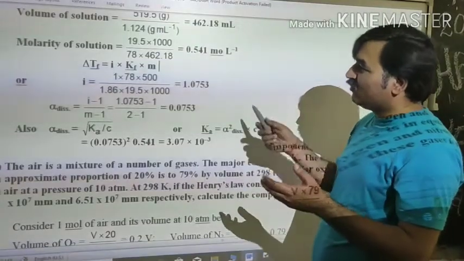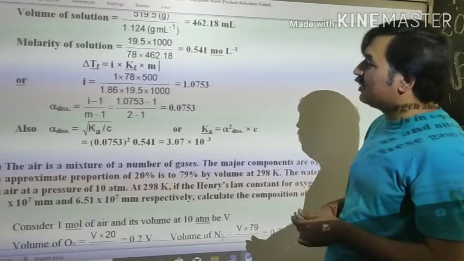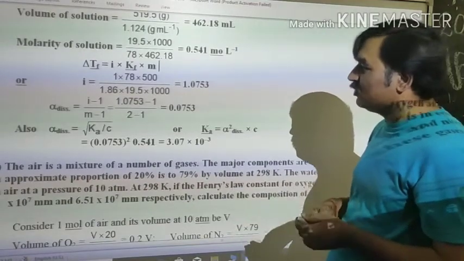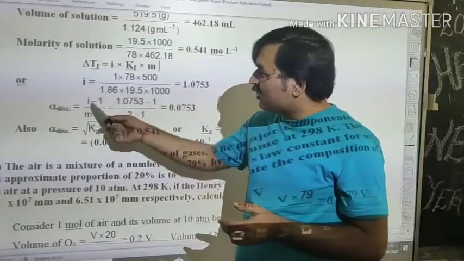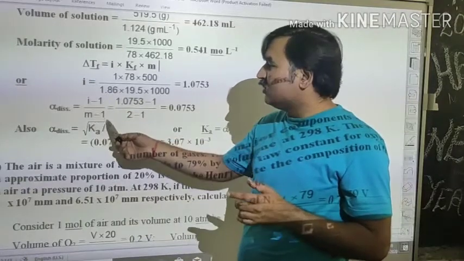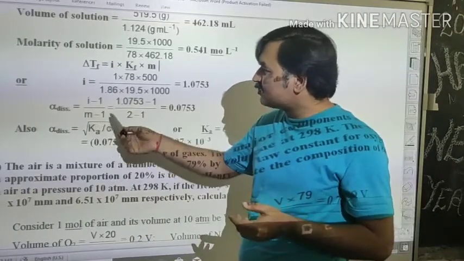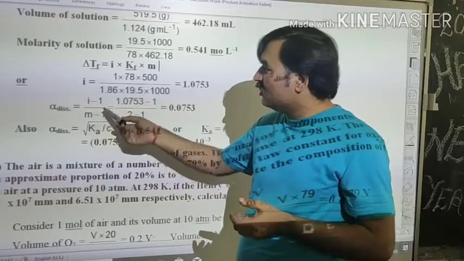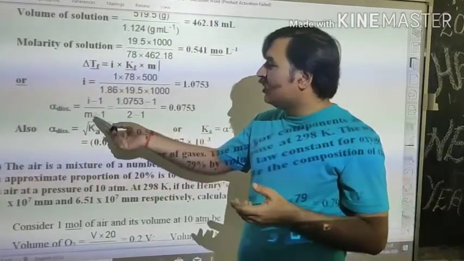Now we can find alpha from this, because to find the Ka value, alpha must be known. Alpha is given by i minus 1 upon n minus 1. Here m was written by mistake, you should read this as n. So what will be in here?